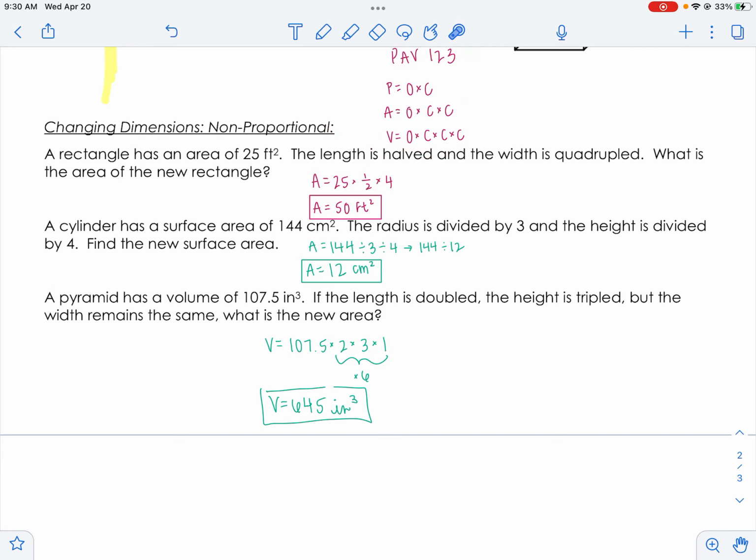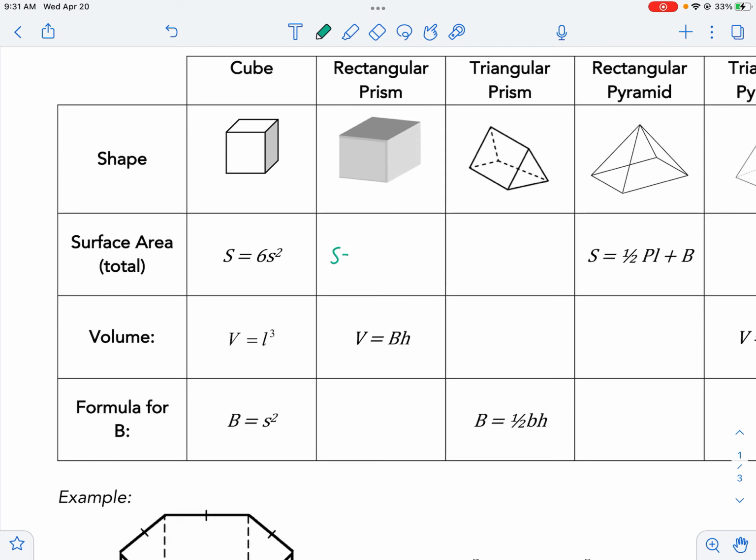Now, for today's practice, all that you're doing is figuring out what formulas you would use on some of these problems. So, for example, if you had a rectangular prism and you were finding the surface area, well, if you take a look at your formula chart, the surface area formula for a rectangular prism would be S equals PH plus 2B. Now, it's a rectangular prism, and B stands for area of the base.